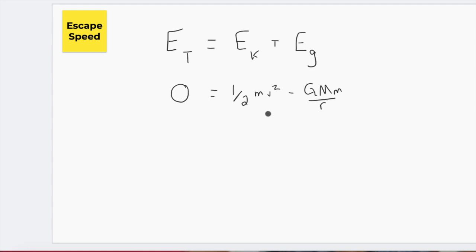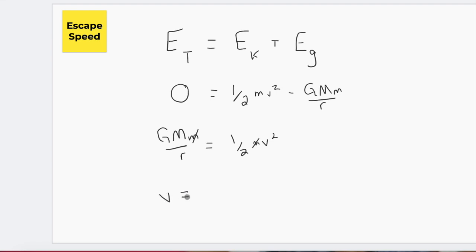So in this case, since the left-hand side is 0, I can say quite easily that G M m over r equals 1/2 m v squared. Since I'm doing my algebra here, I want to look for simplifications. I see that this little m and this little m drop out, which is nice. And if I multiply both sides by 2 and take the square root, I get this equation.